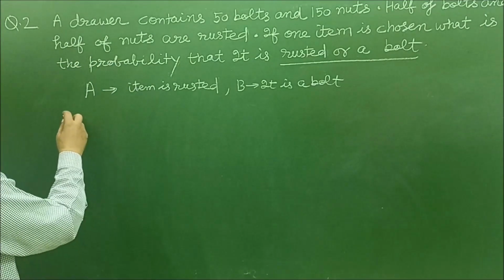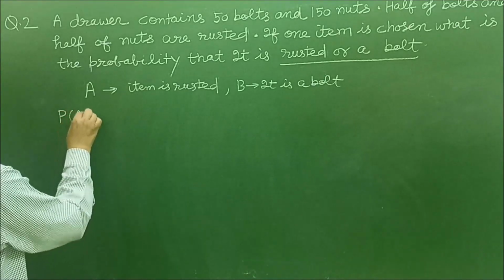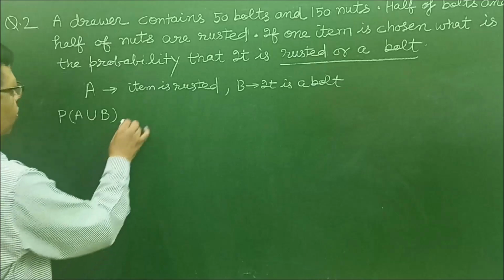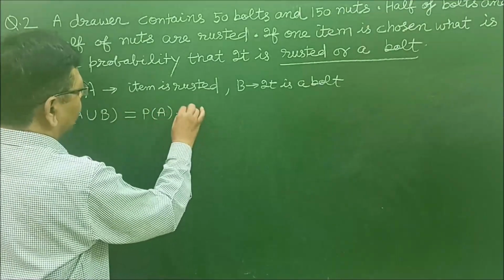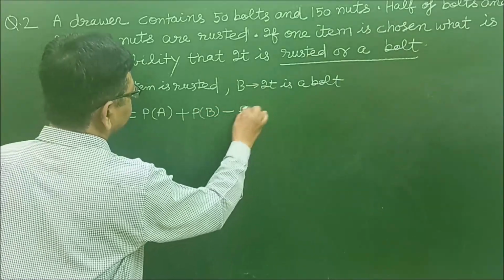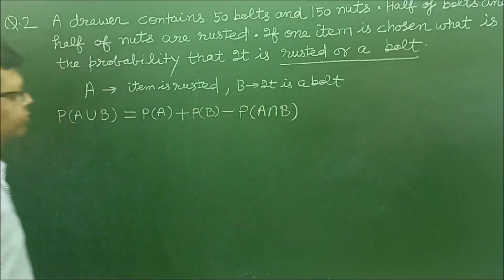Now let us first write the addition theorem of probability. Probability of A union B, that is the item is rusted or it is a bolt, is equal to probability of A plus probability of B minus probability of A intersection B.